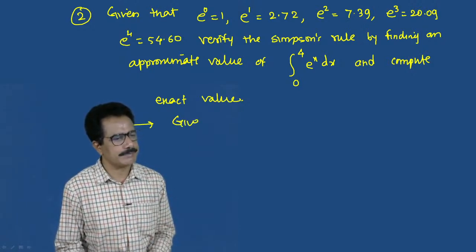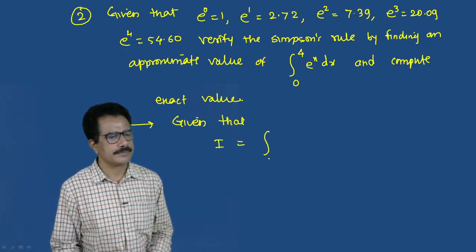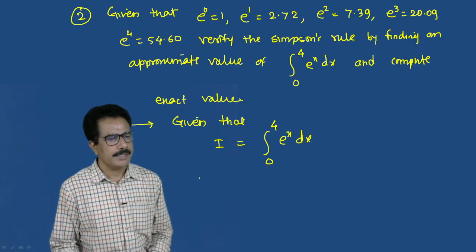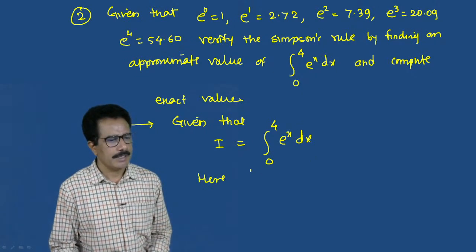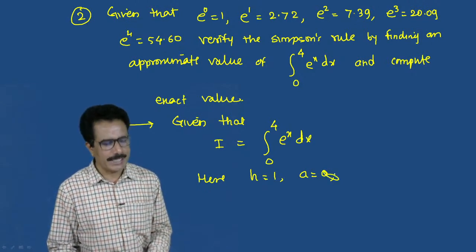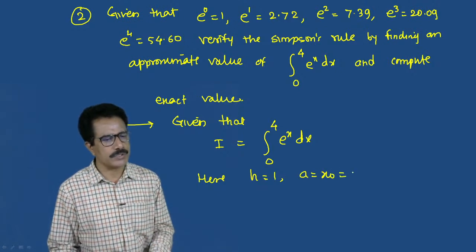Given that I is equals to integral from 0 to 4 e raised to x dx. Here h is equals to 1, a is equals to 0. A means we can write it as x0, x0 is equals to 0.